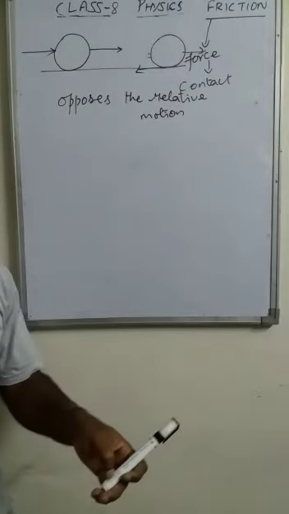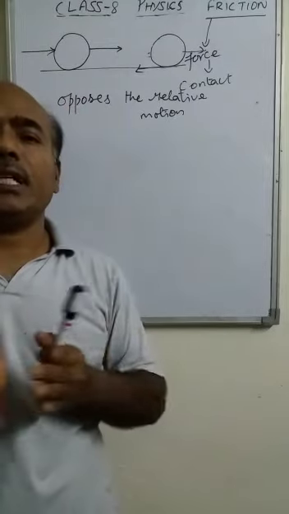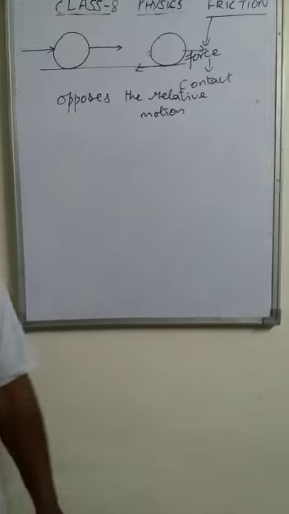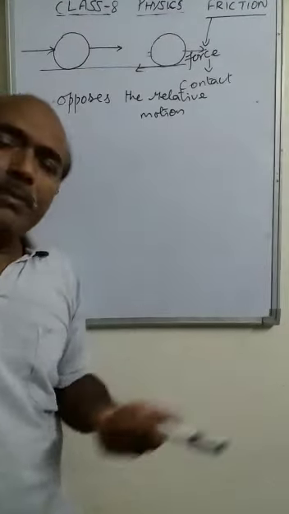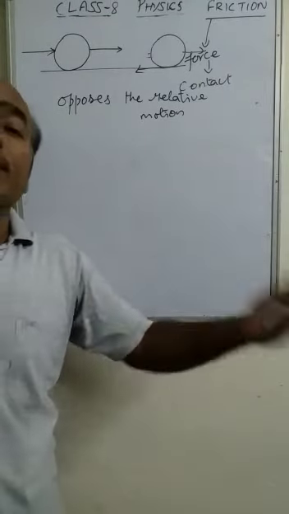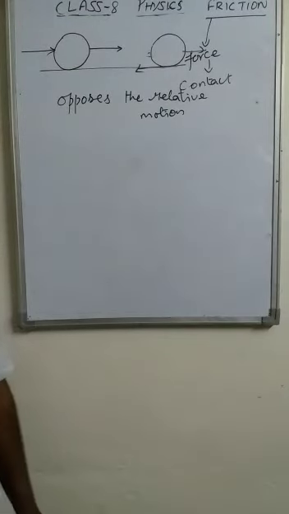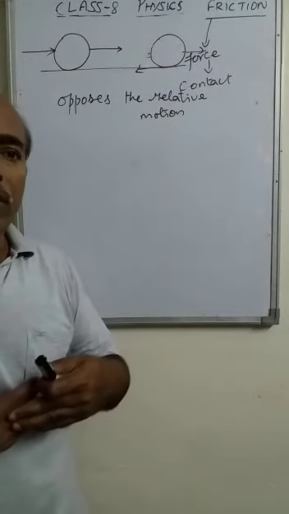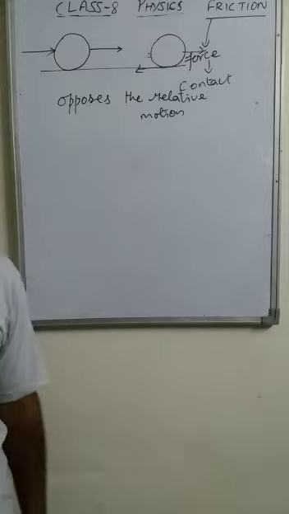Friction plays between all the surfaces which are in contact, in which one moves or tends to move on the other. So generally we can say friction is everywhere between all surfaces. In our surroundings, we observe many things in which one is moving on the other.